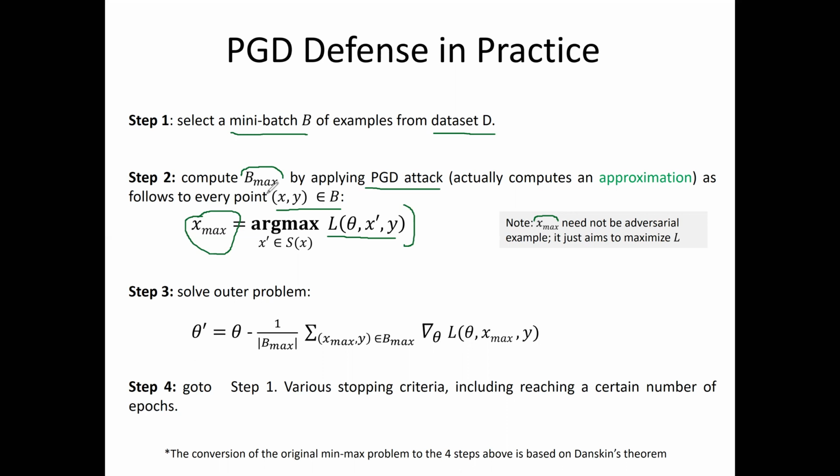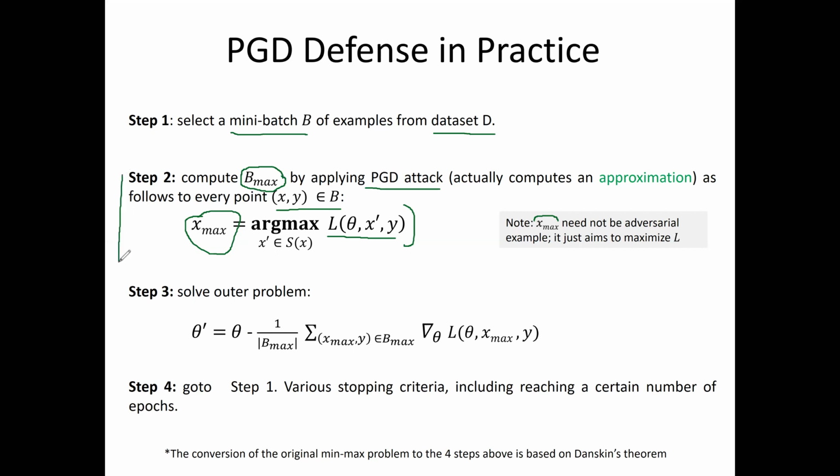So then we accumulate a bunch of these X maxes with the corresponding Y labels in the set B max. The size of B max is going to be the same as the size of the set B. Once we have accumulated the set B max, we have in a sense linearized the inner maximization problem.